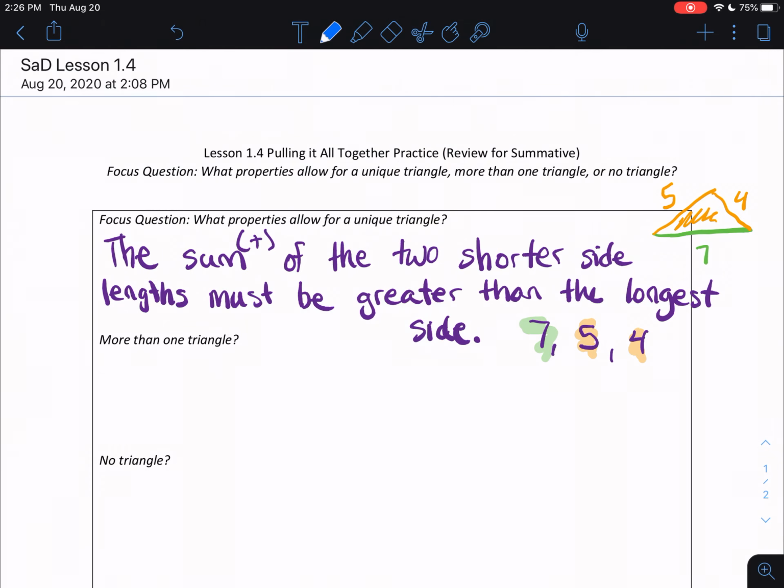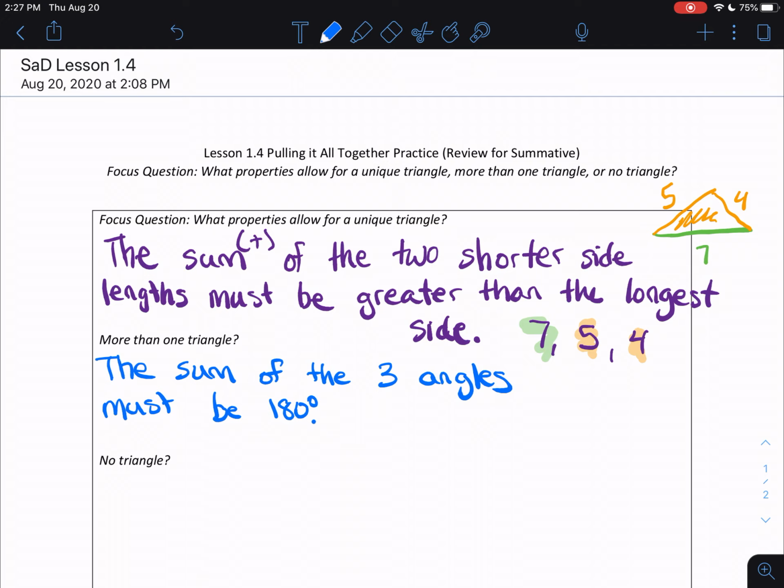Okay, so next, let's use blue. What are the requirements to have more than one triangle? What we found in the pictures that we looked at on Monday or yesterday is that the sum of the three angles must be 180 degrees.